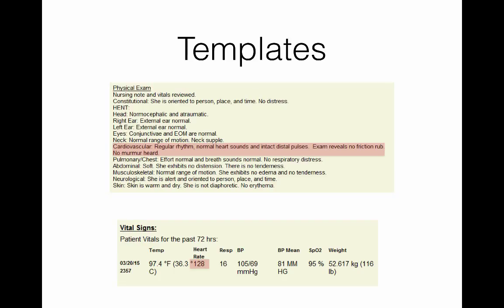And there's no mention of that in the cardiovascular exam, and it's something that obviously is important to most patients' evaluations. And this patient was an adult patient. It wasn't a pediatric patient that has a naturally fast heart rate. So just a brief example of how templates can be a little bit of a pitfall.